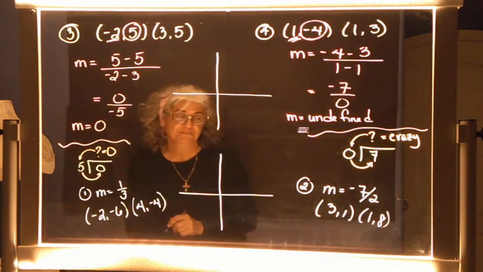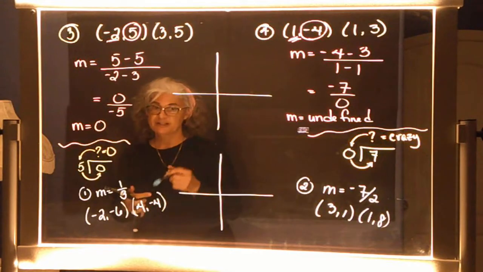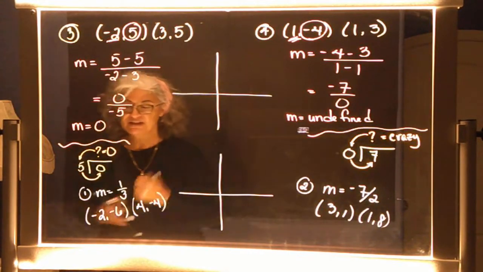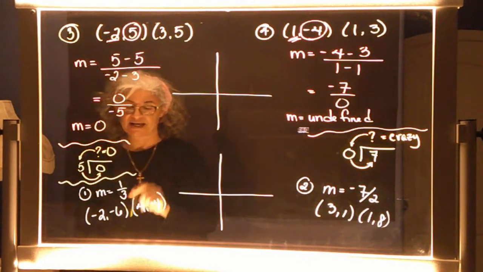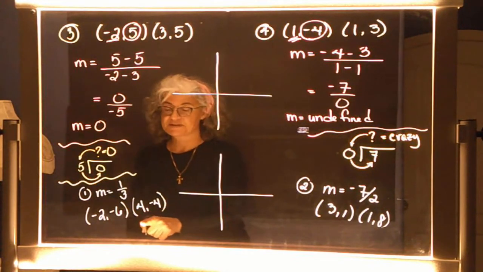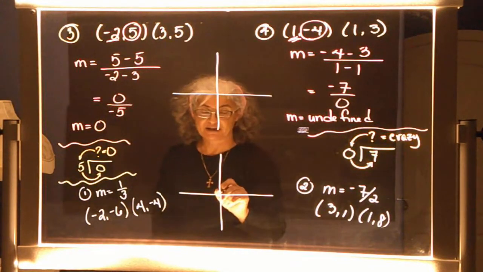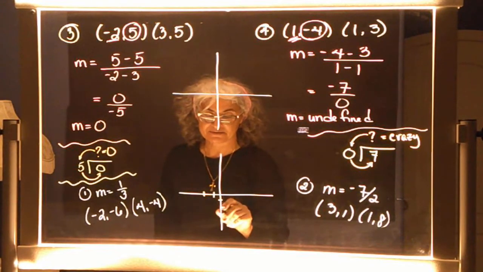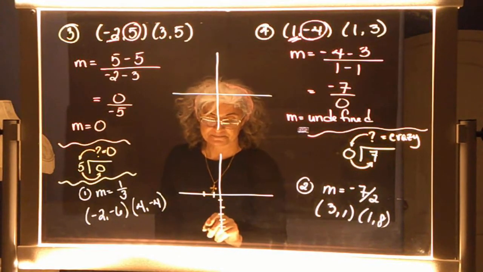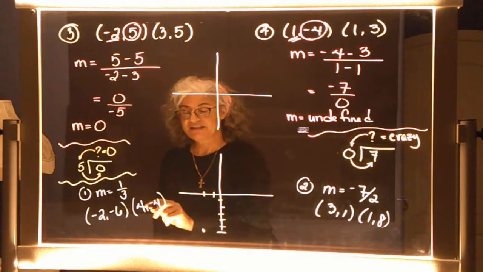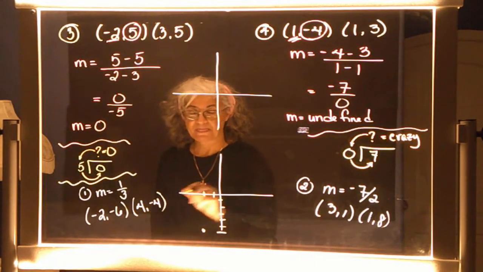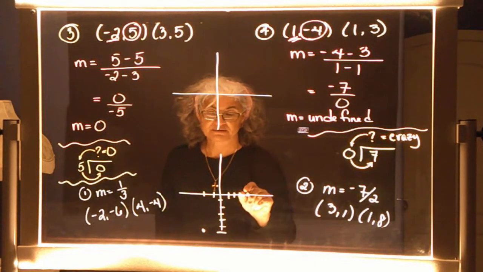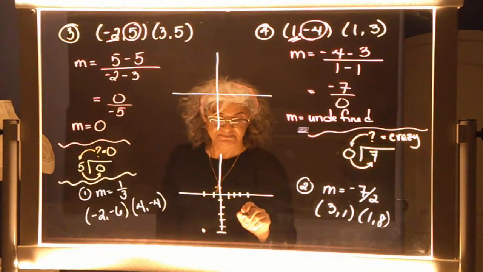Correct? Okay, so here's what I'd like to do. I want to take a look at this first one, and I'd like to plot these 2 points. So we have -2, right? And then -6. And this one, second point, was a +4 and a -4.